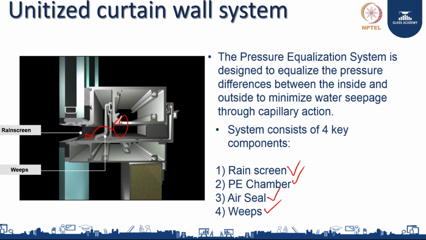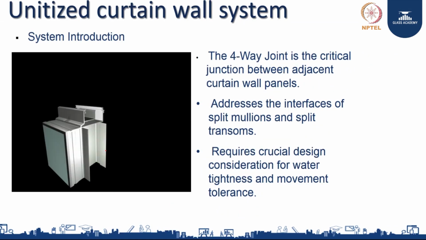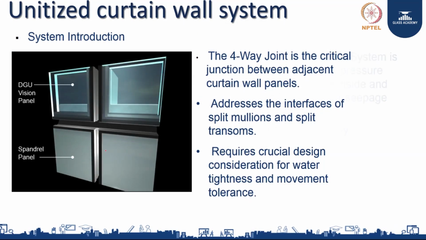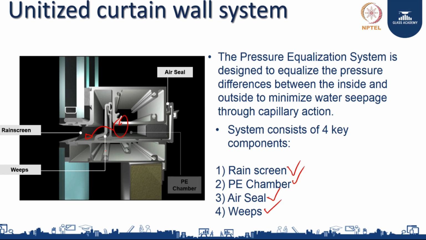It's not only at this point, but in the horizontal as well. If you look at the previous slide, you see the vertical; if you see this mullion which comes in, there also you make a pressure equalization chamber. So, rain screen, pressure equalization chamber, then air seal, the most important one, and then weep. If there is any excess water, you throw it off. That is how you start with the design.